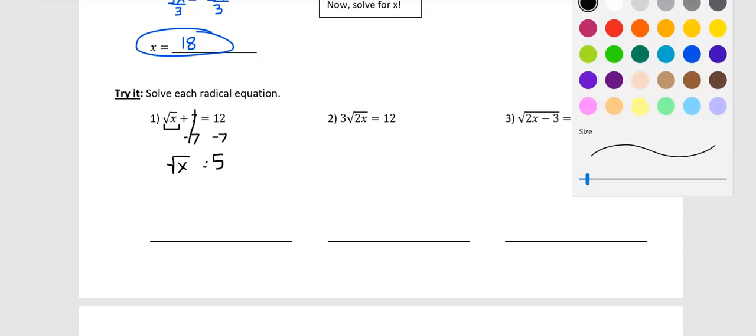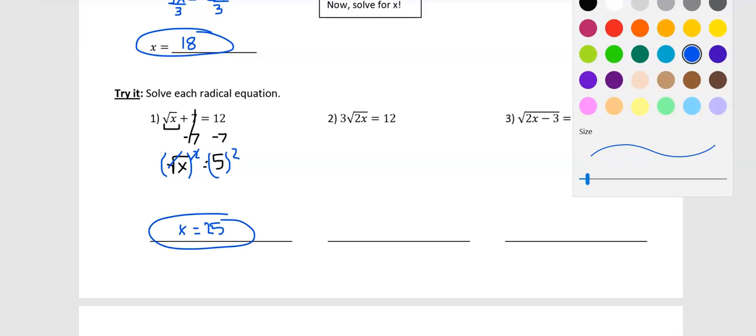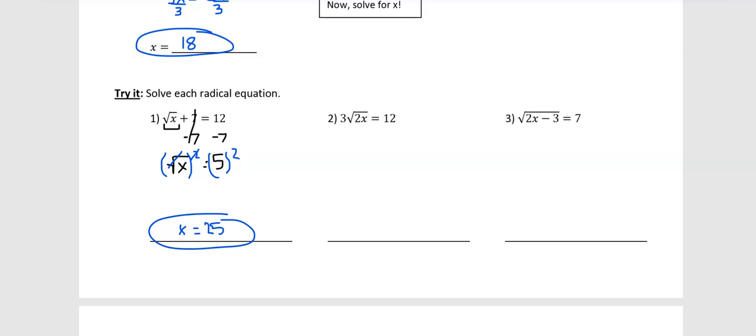Now we're at that new part where I want to get rid of the radical, so I square both sides. And I'm left with, the radical's gone, and I'm just left with x, which is what we want, equals 5 squared, which gives me 25. Done.